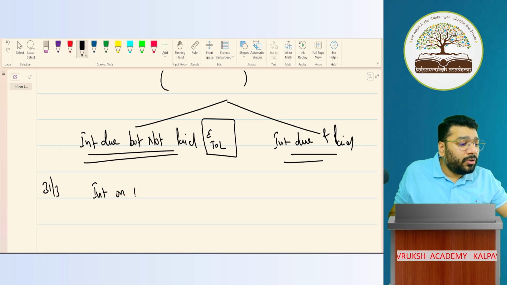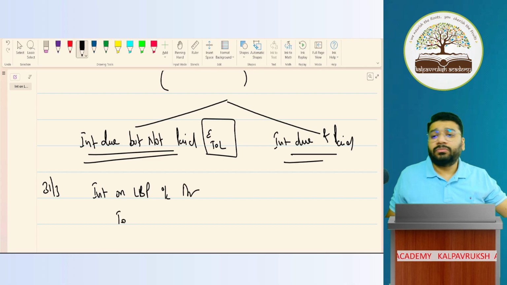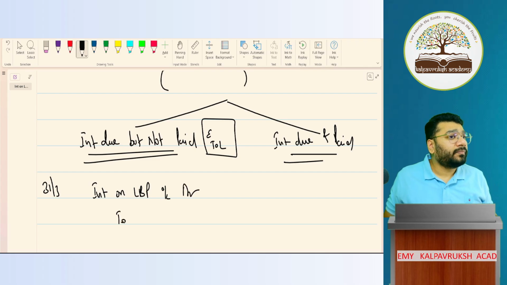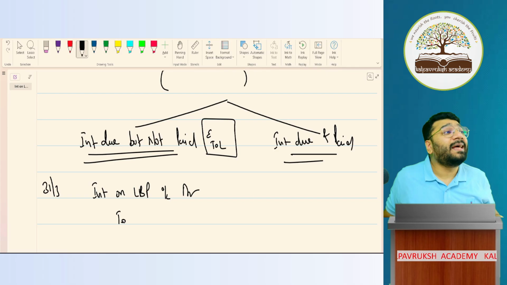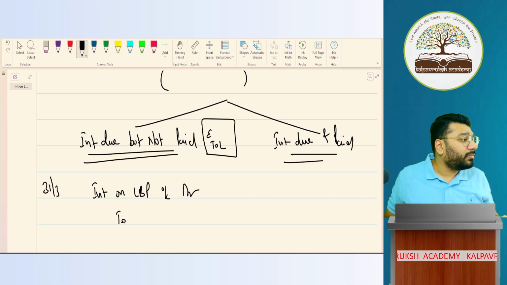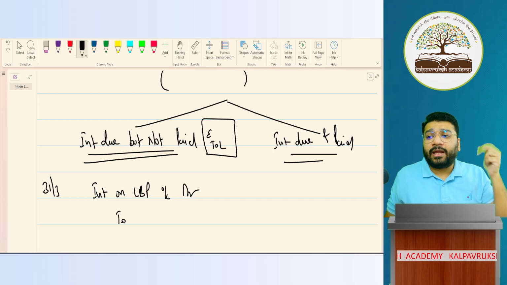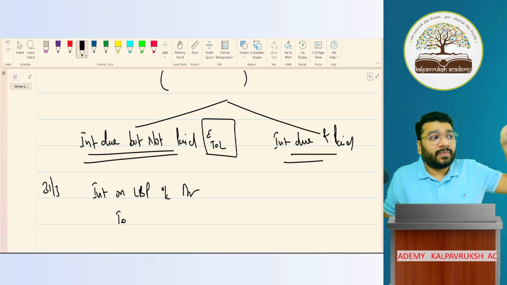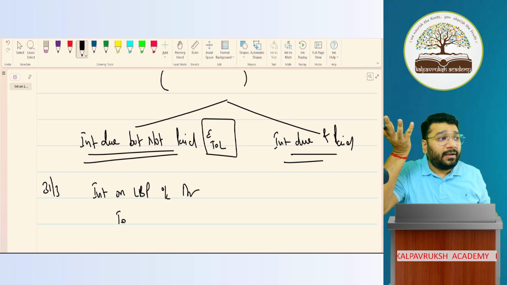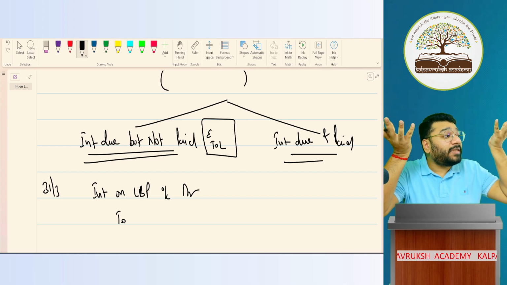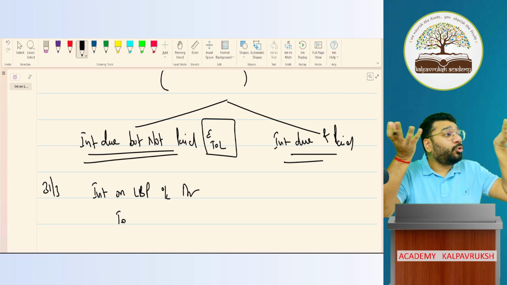Interest on loan by partner account debit. Now, this money you have to pay to whom? It's not yet paid. I have to pay. When will I pay? In future. Anything that I pay in future is liability. So I have to create a liability account. Two options you have. One, you can record interest in the outstanding interest ledger. But if I do that, principal is sitting in loan by partner account and interest is sitting in the outstanding interest account, so I have to see two ledgers.